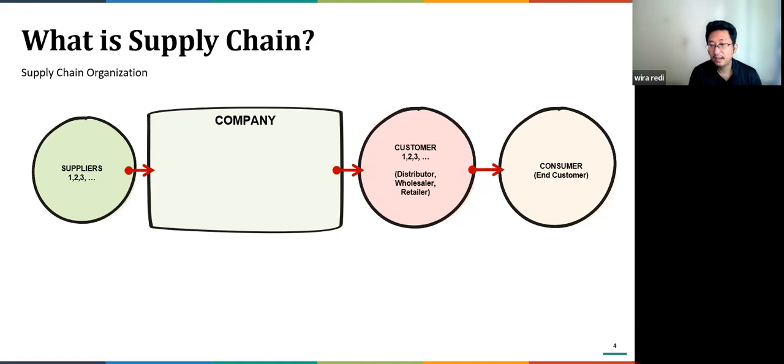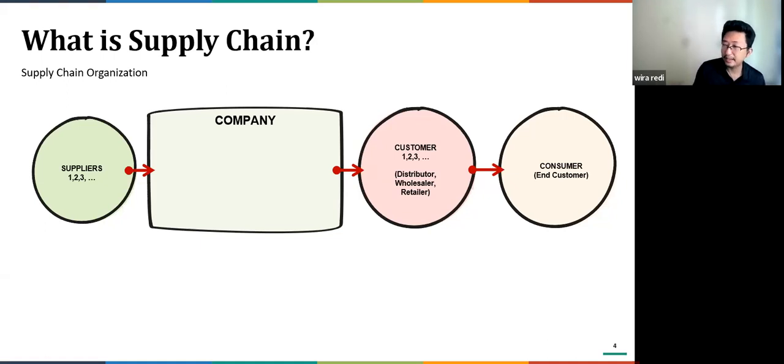So this generic perspective, that your company is in the middle, you always have a supplier and then you always have a customer. That is a generic perspective that we call a supply chain organization. Okay, supply chain organization in macro perspective is that you always have a supplier, you are in the middle as a manufacturer or the producer of the service or product, then you will deliver to your customer.